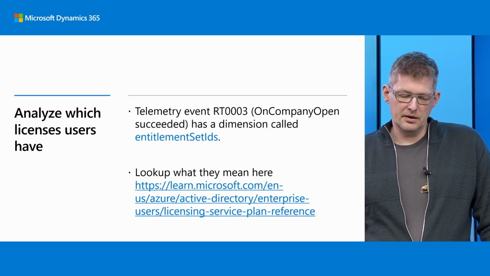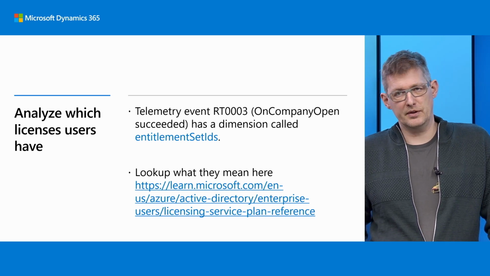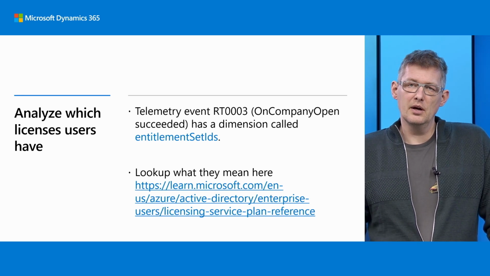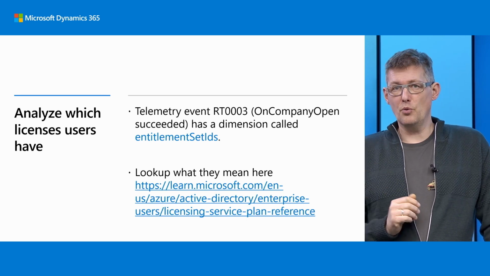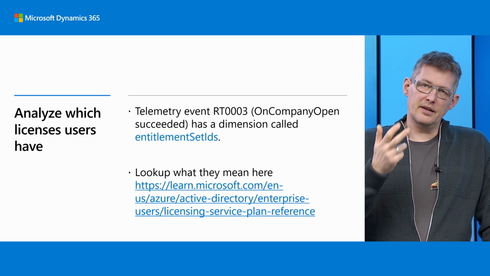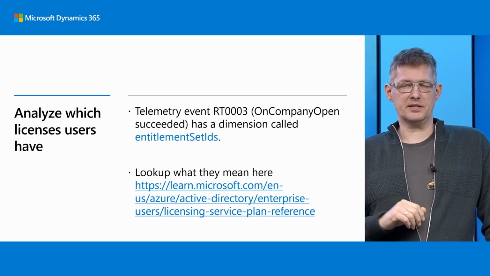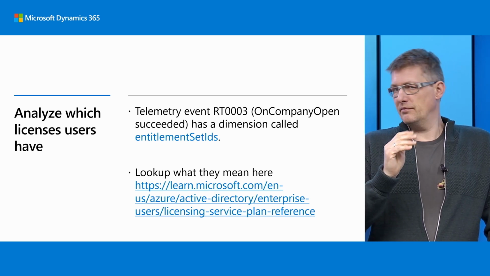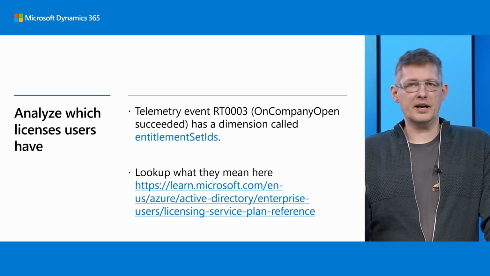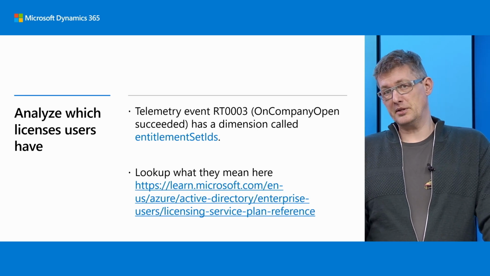Another thing is what types of licenses do users have? This is only for environment telemetry. So we have this event RT003, which is on company open, succeeded. And in there is a dimension called entitlement sets IDs. So very cryptic. It's actually not that cryptic. Entitlements is AD speak of permissions.